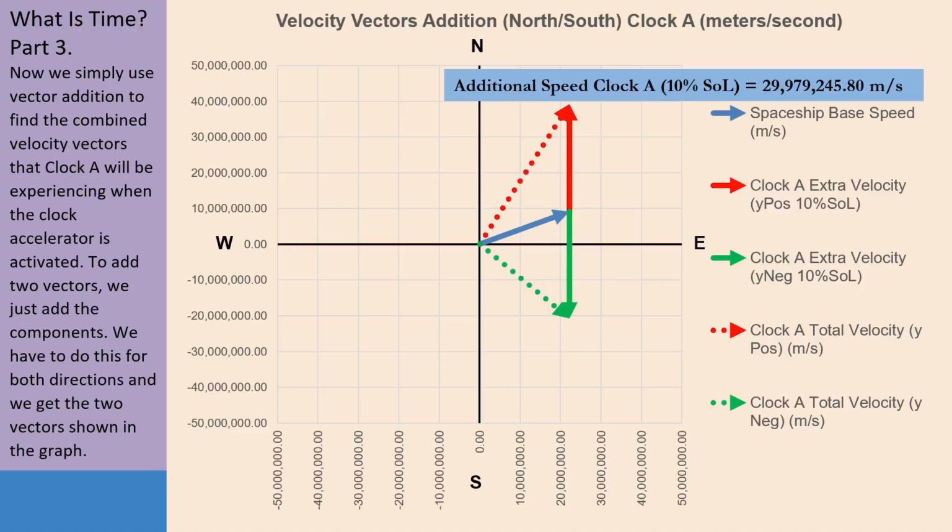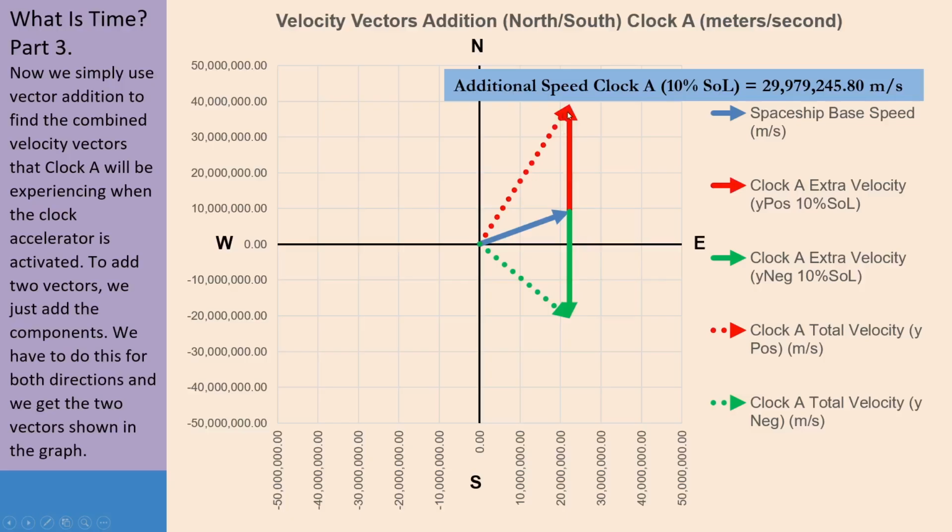Now we simply use vector addition to find the combined velocity vectors that clock A will be experiencing when the clock accelerator is activated. To add two vectors, we just add the components. We have to do this for both directions, and we get the two vectors shown in the graph. Okay, so now we have two velocity vectors for clock A while it was in the clock accelerator.